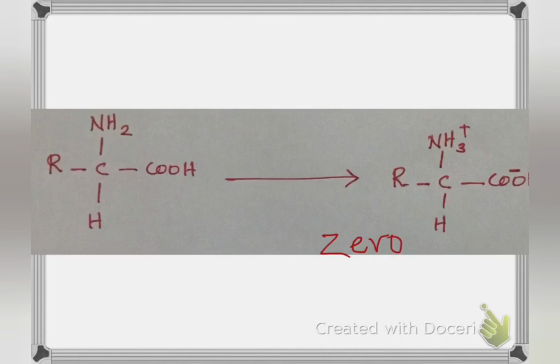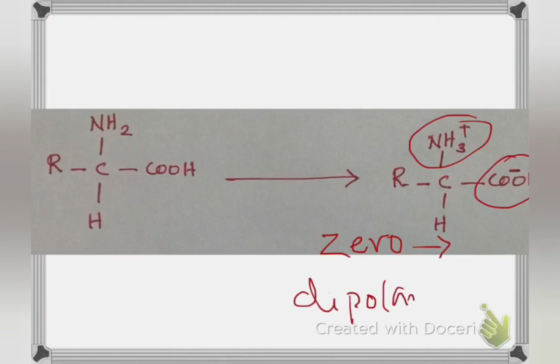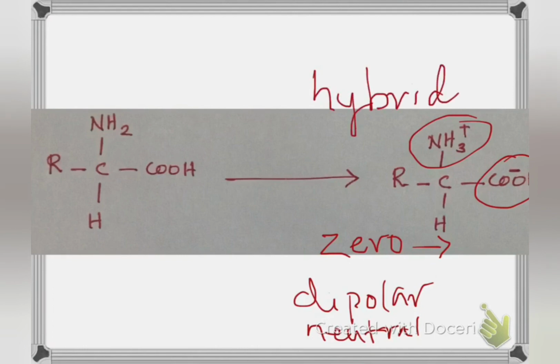So they are known as dipolar ions, or neutral molecules, or hybrid ions.